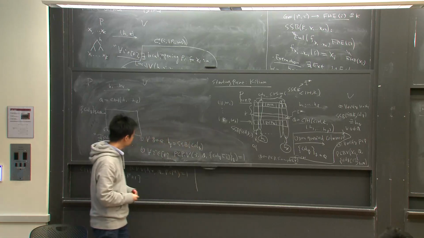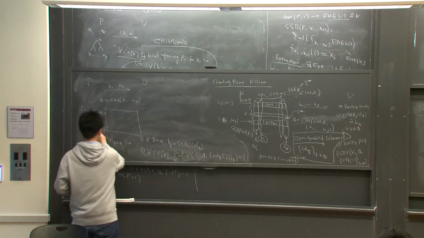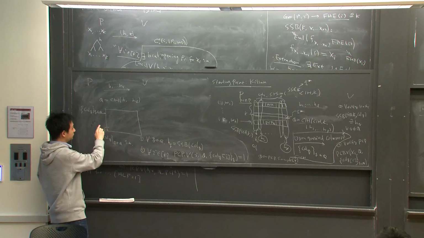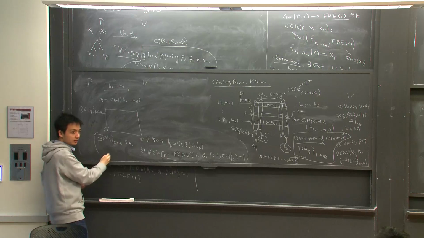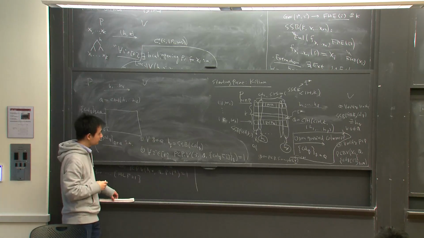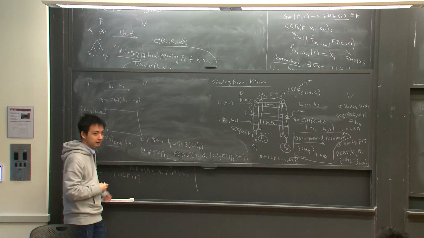Okay. So this is the statement this protocol wants to prove, and the prover is going to supply it with the witness, which is this. So that's the high-level idea.